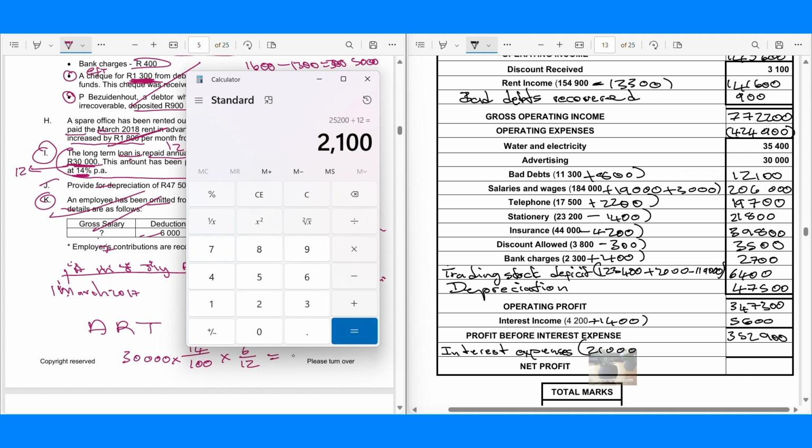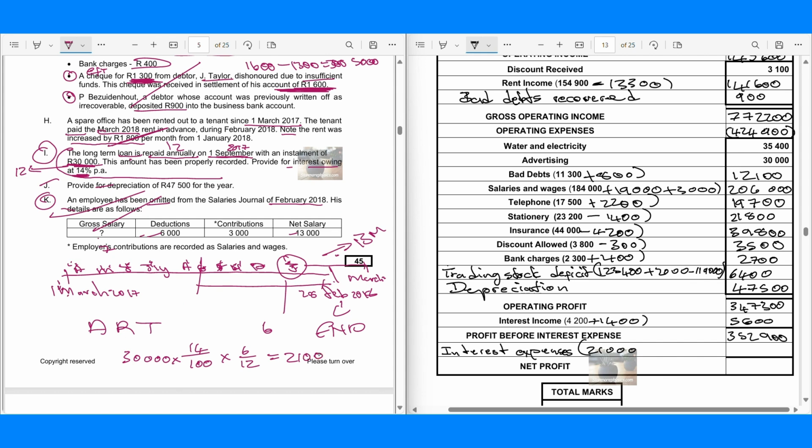We are going to get 2,100. So this is the interest owed. We are owing this interest, which is 2,100. We need to increase it. So how much are we going to get there? Let's check the total.